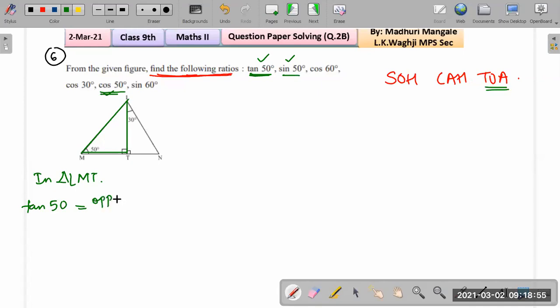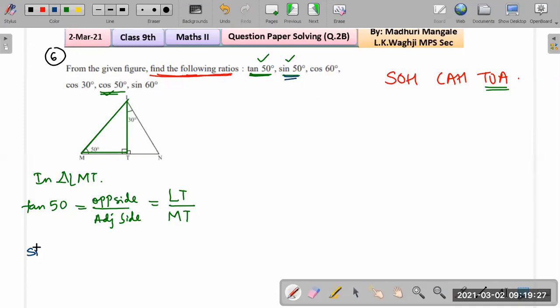What is the opposite side to 50? That's LT. And what is the adjacent side? This is the adjacent side, MT. So the answer is LT upon MT. That completes tan of 50. Isn't that easy? Let us look at the next one.